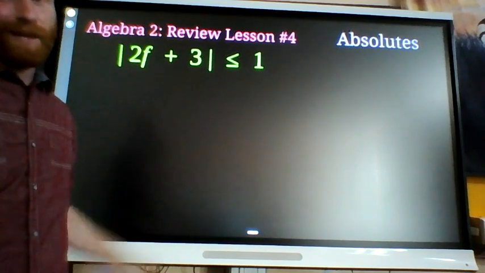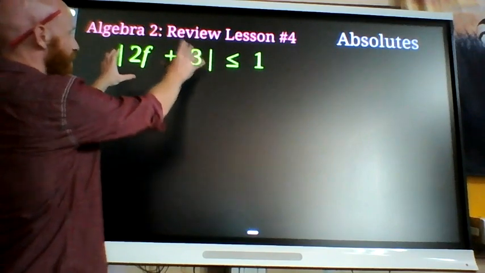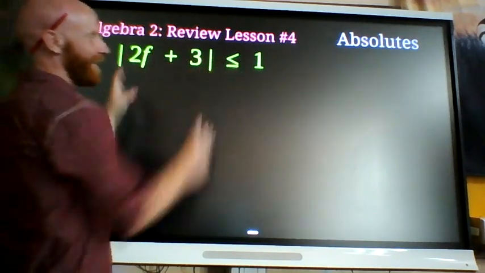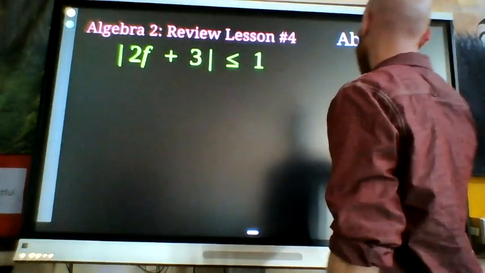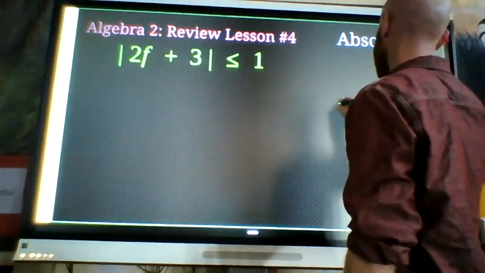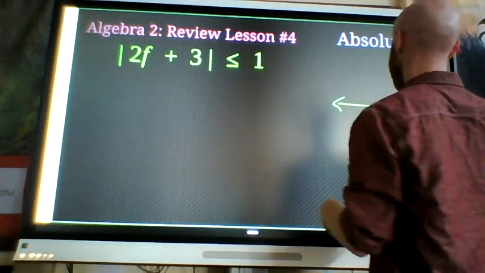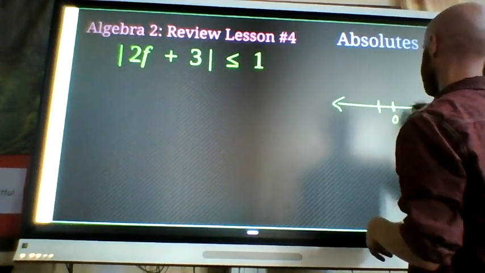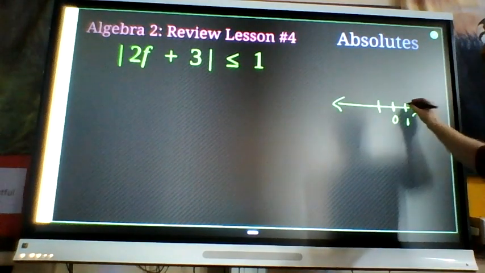Inequalities, same deal, except if you have an absolute value less than something, this can be smaller than or equal to 1.